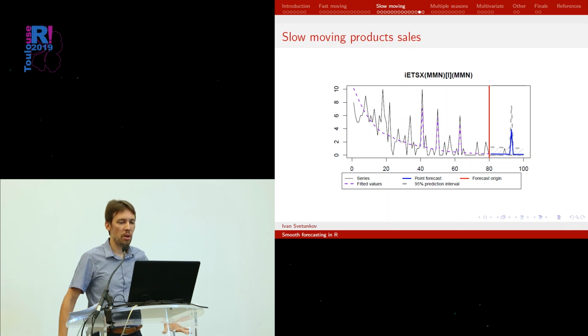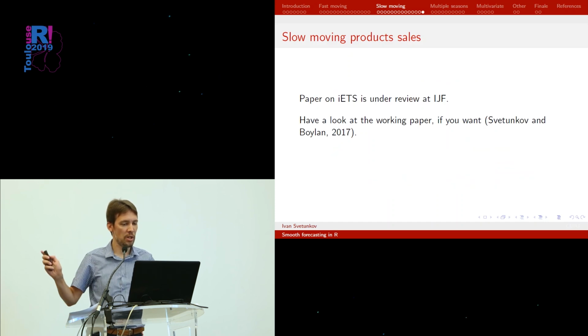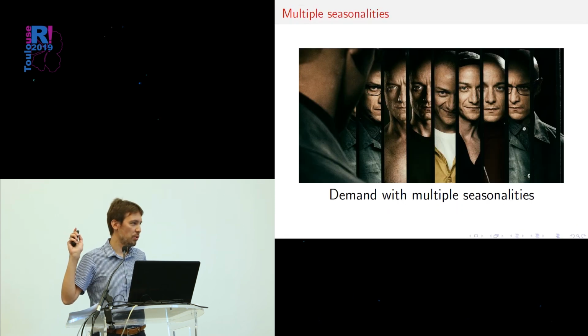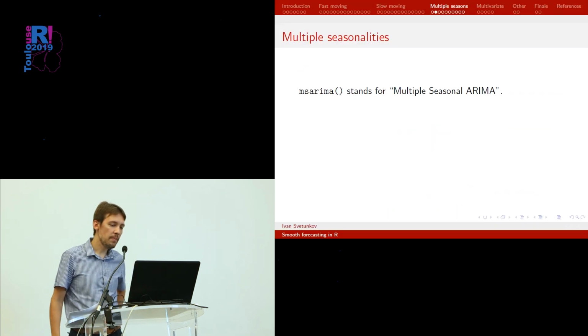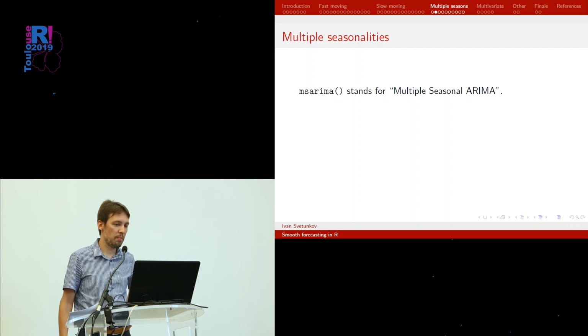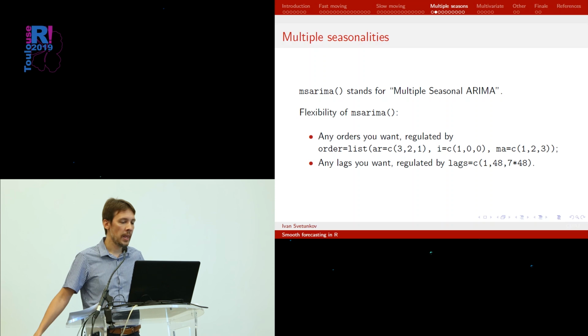Now I have two more case studies, but I don't think that I will have much time to do them, so I will jump through them a little bit. One of them is demand with multiple seasonalities. We have a multiple seasonal ARIMA model in our Smooth package.